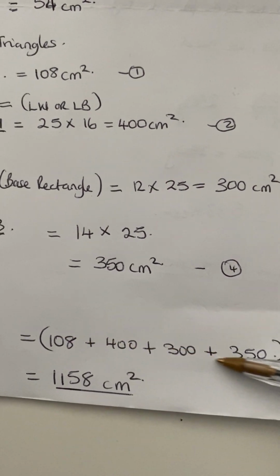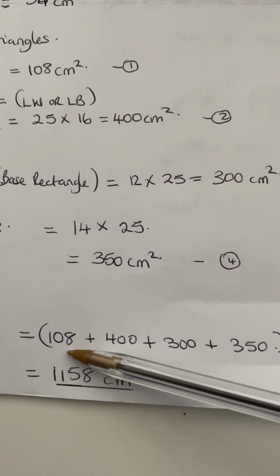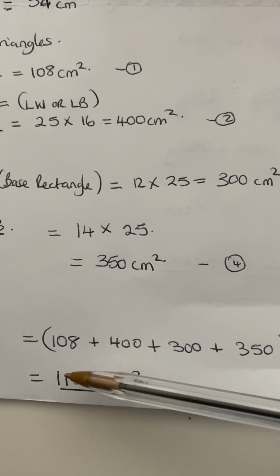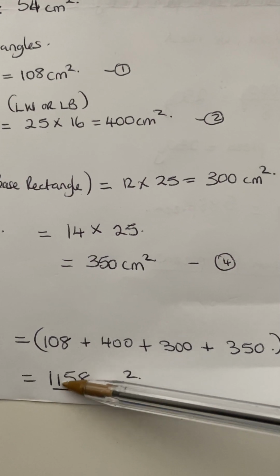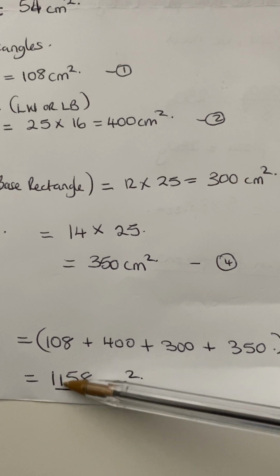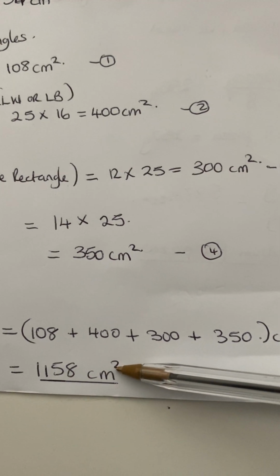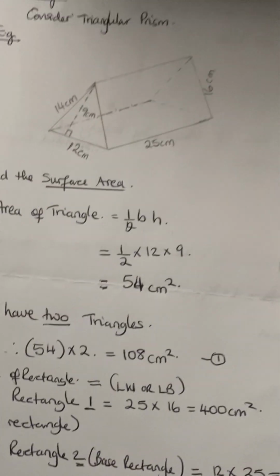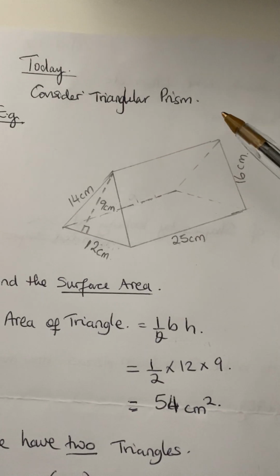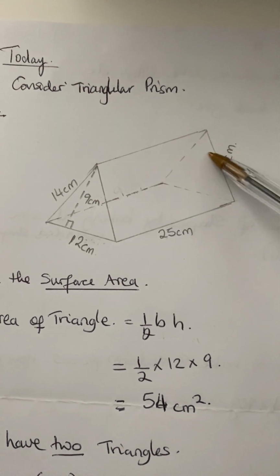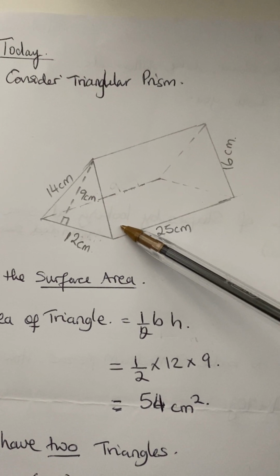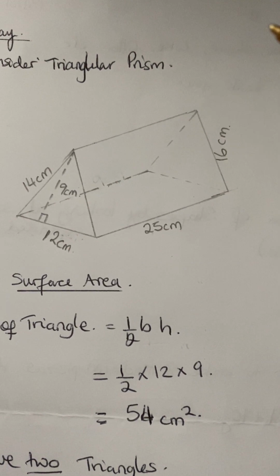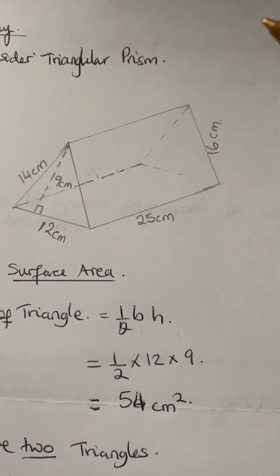If you add them correctly, the total surface area is 11,158 centimeters squared. This is the area of this triangular prism. Today I'm not splitting the shape for you.